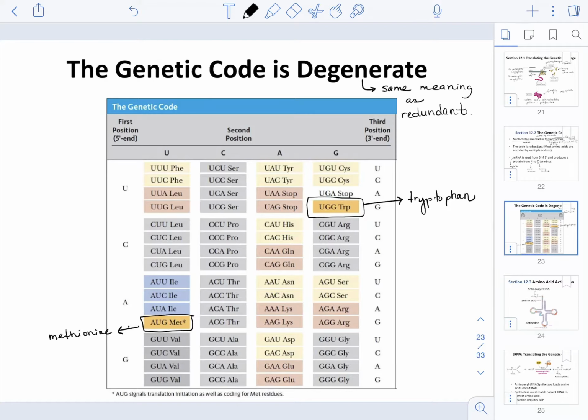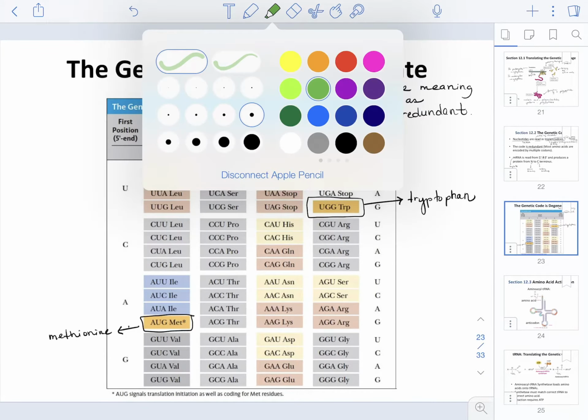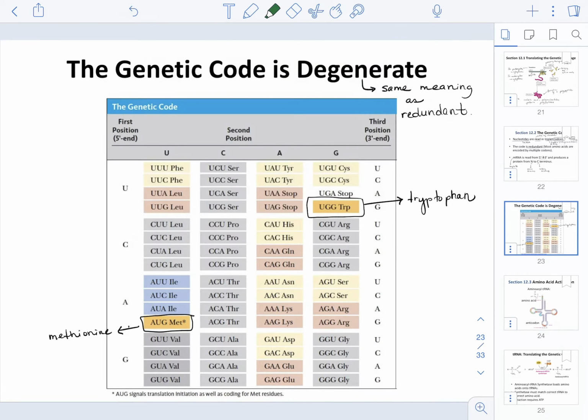I should also establish that there are some codons that do not code for an amino acid. I'm going to highlight them in green, and these are UAA, UAG, and UGA.